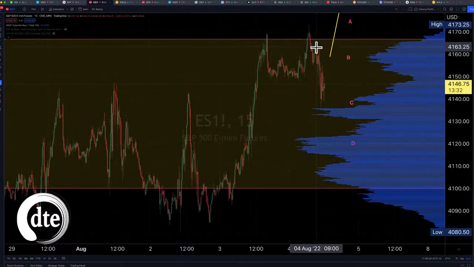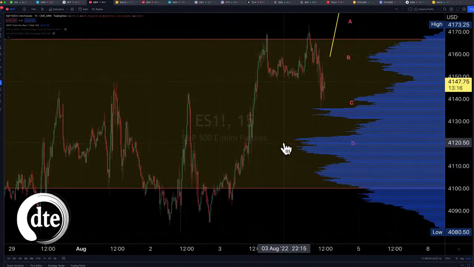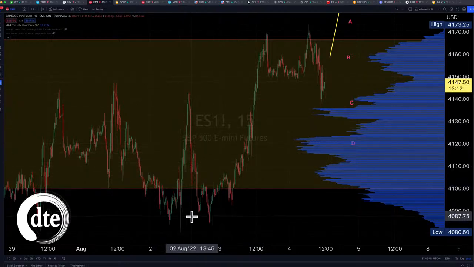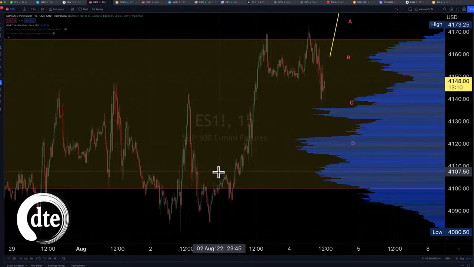Now, it appears that we have a general direction down here, but it's still unclear. This is kind of what's called a distribution day. In other words, there's a grinding down. It's not like a move sharply down or sharply up like we have over here. Move sharply up, sharply down. Here we have what is termed more of a distribution day.